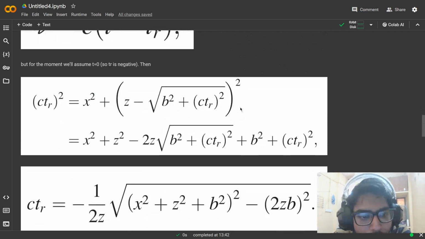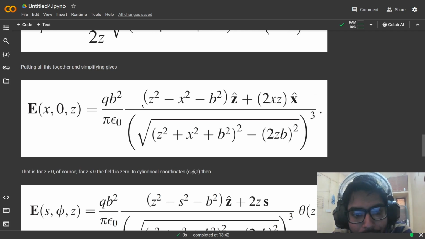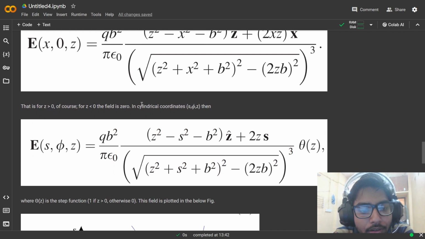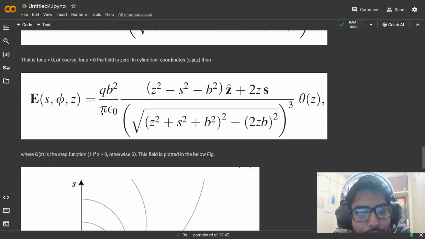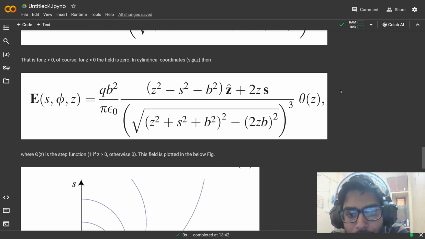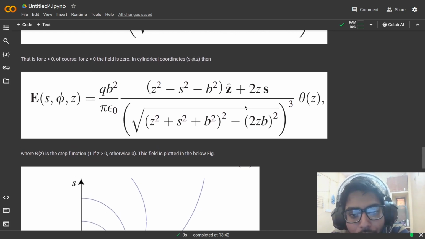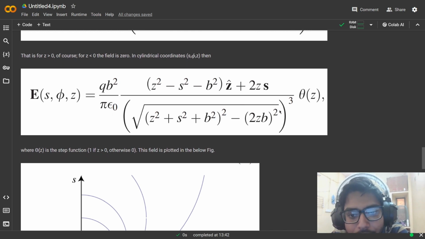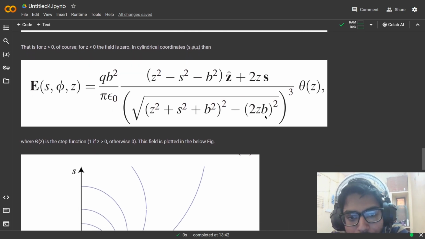Then we obtain this electric field equation, and for our convenience we transform it into cylindrical coordinates, so the electric field comes out to be like this in cylindrical coordinates. And this theta(z) is a step function, so this equation is only for z greater than 0. Theta(z) will be 1 for z greater than 0, and for z less than 0 it will be 0.